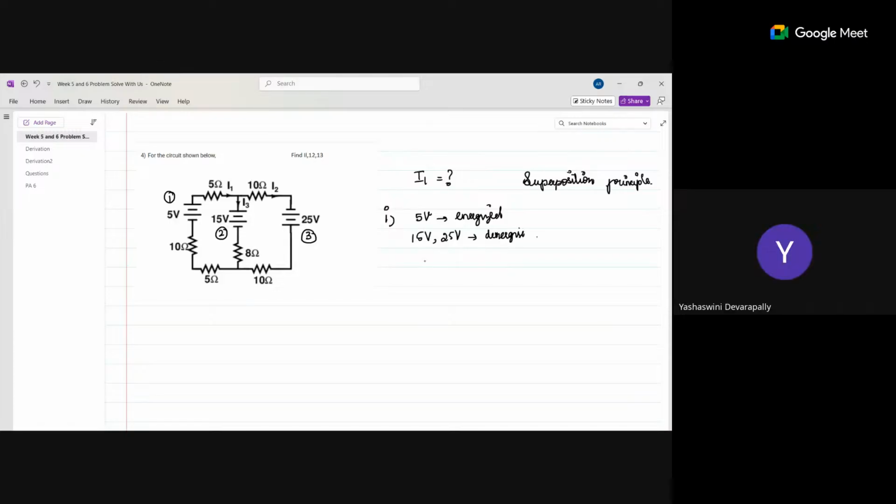Ma'am, can we use the nodal method for this question? If the question doesn't mention the way to solve it, then it is fine. You can use any method you want. But since this problem is in week 5, I will solve it using superposition, because the aim of this practice assignment is for you to get used to the superposition principle. Right? Yes, ma'am.